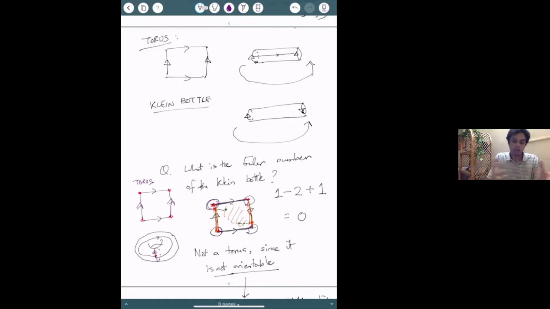Instead of vertices, edges and faces, you might have faces of higher dimensions, and you count them and take an alternating sum. That turns out to be a topological invariant. These are things that one learns in algebraic topology.